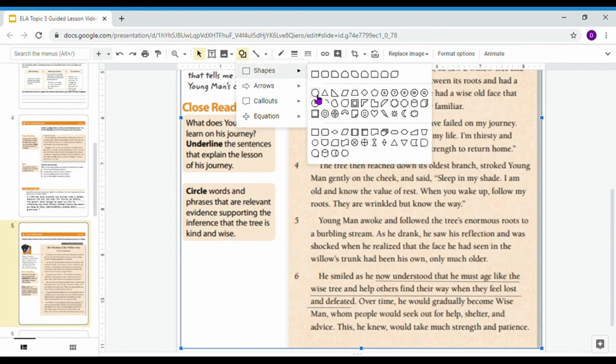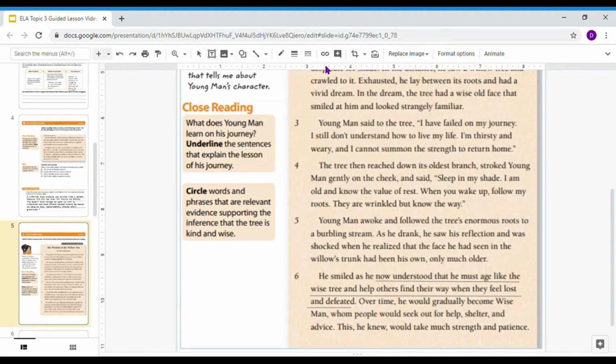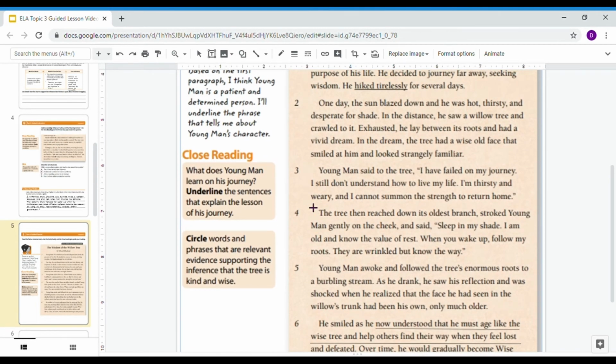And then our second part, we're going to be circling words and phrases that are relevant evidence supporting the inference that the tree is kind and wise. So anything on here that shows us that the tree is going to be wise and kind. So looking back in paragraph 2, I can see it says the tree has a wise old face.